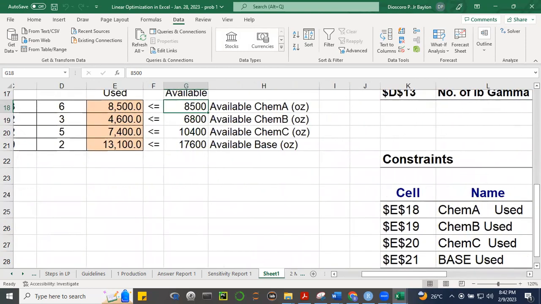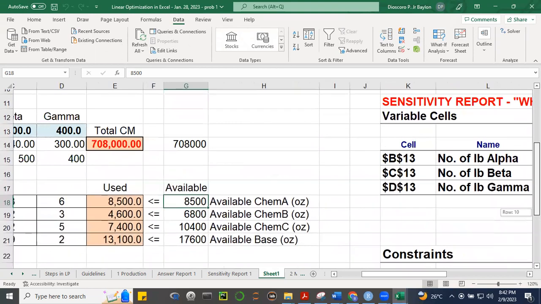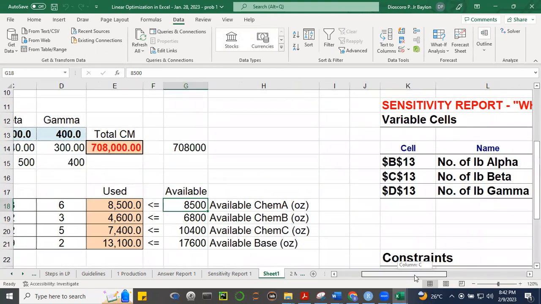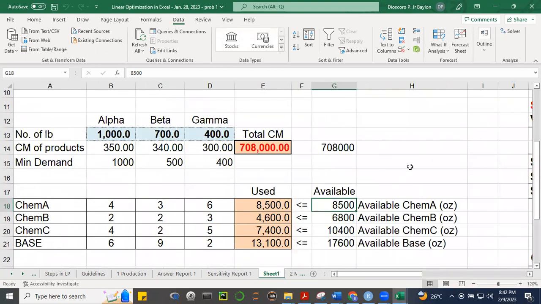ginawa natin tong 8,500. Ano nangyari? What happened? What do you think, class? Yes?